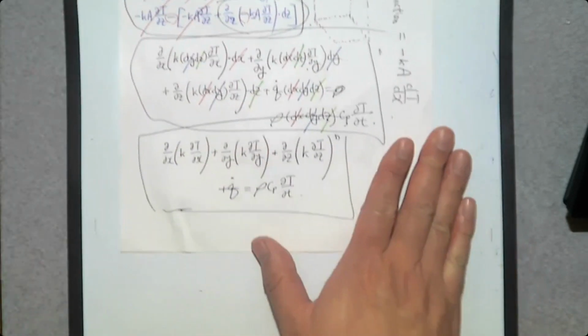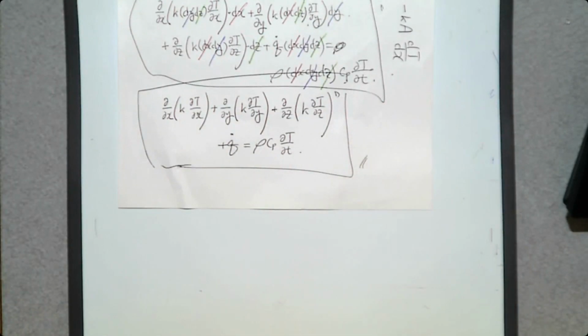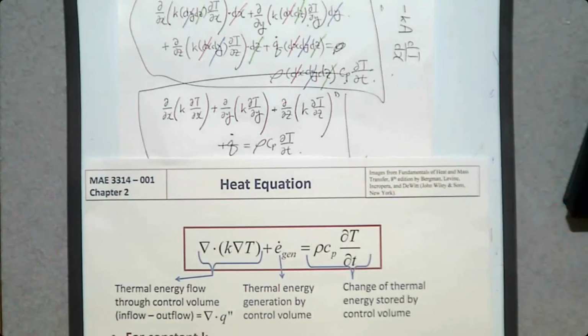What we need to understand is this is the heat equation in a differential form. Then there should be a heat equation in another form. What is the other form? Vector form. Do you like vector form? No? Here is the vector form.